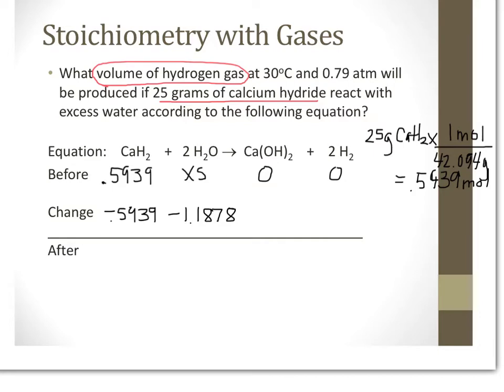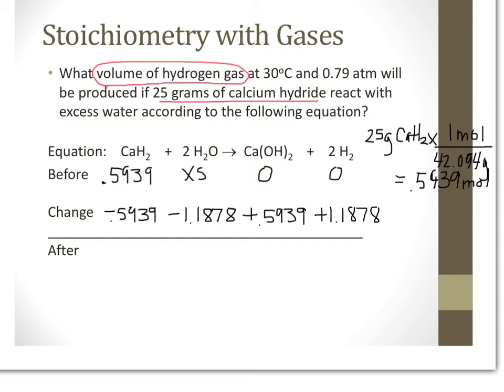So for every 0.5939 moles of calcium hydride that are used, we form 0.5939 moles of calcium hydroxide. And there's a 2 to 1 ratio between calcium hydride and hydrogen. So we'll form 1.1878 moles of hydrogen.